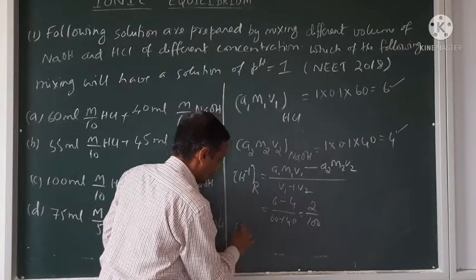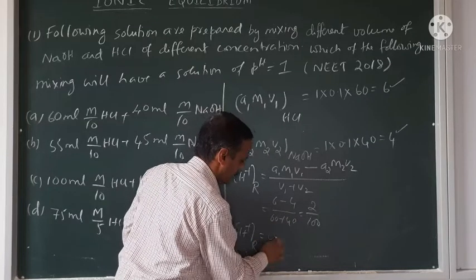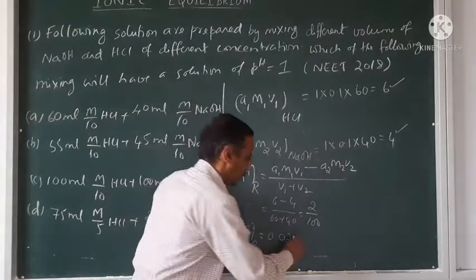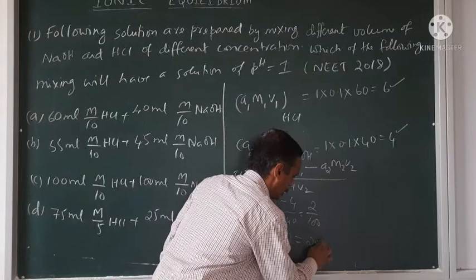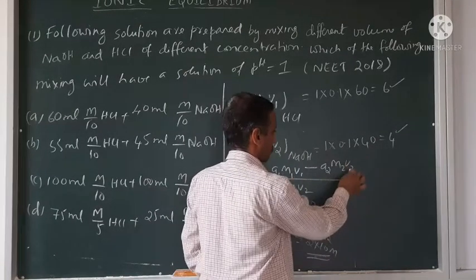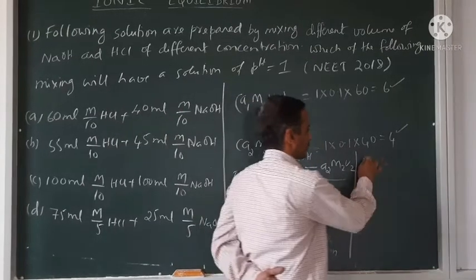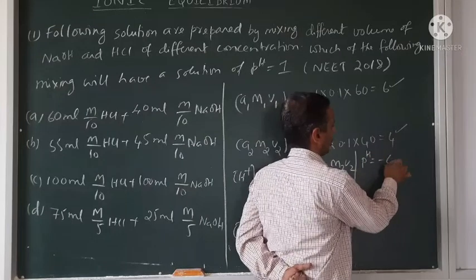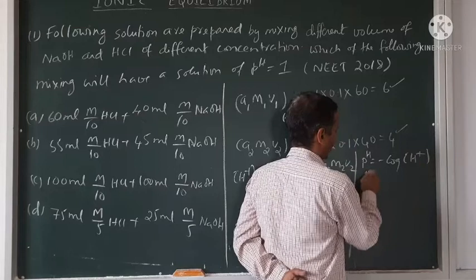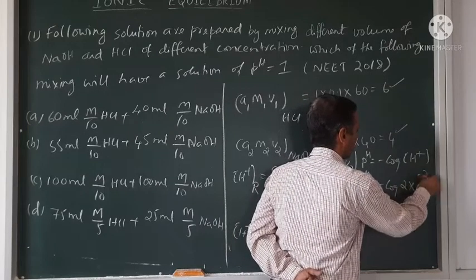So H plus remaining concentration is equal to 2 by 100, which is 0.02, which I can write as 2 into 10 to the power minus 2. Now, pH. pH is equal to negative logarithm of H plus concentration. pH is equal to negative logarithm of 2 into 10 to the power minus 2.